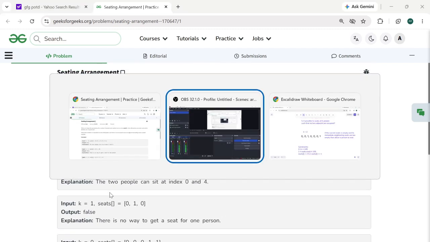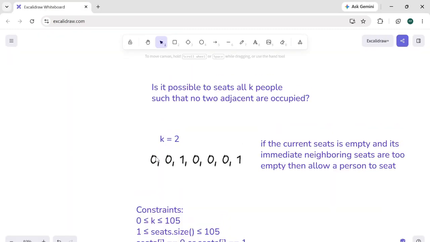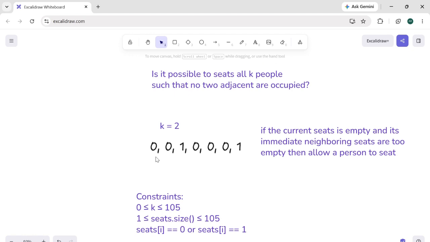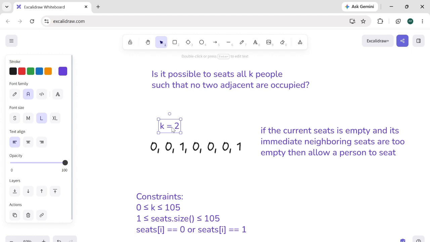Now I'll take you to the notes. Here I have taken the first example to explain. Our goal is to find whether it is possible to seat all k people such that no two seats are occupied adjacently. What I'll do is first pick the current position. Initially the position is 0 and the number of people unseated is currently 2.